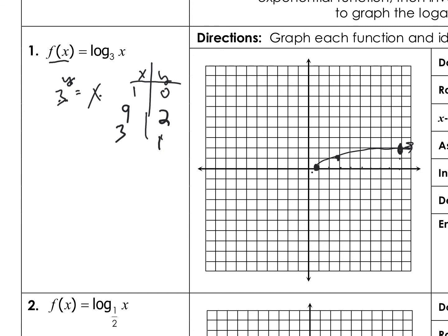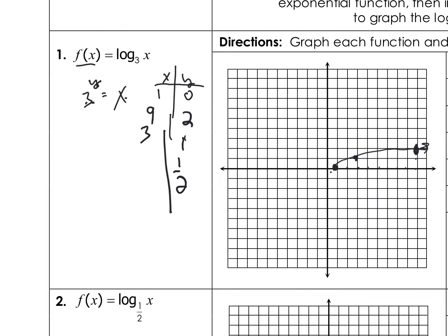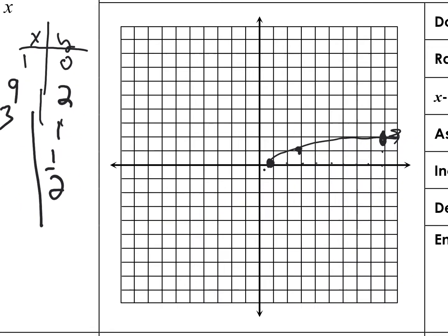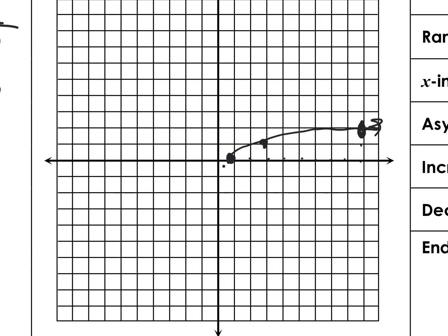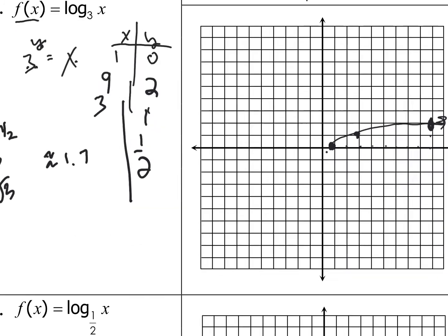Like, what if I use a half? 3 to the half means the square root of 3. Well, isn't that between 1 and 2? Approximately 1.7. Actually, is that right?